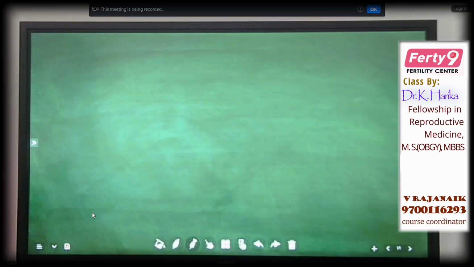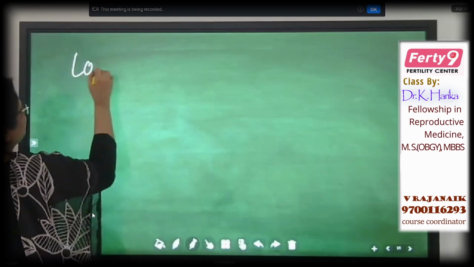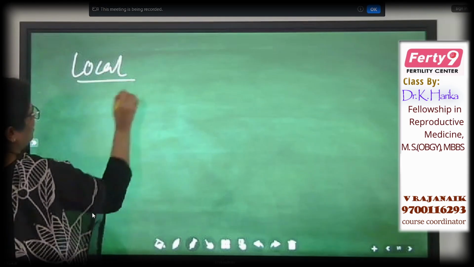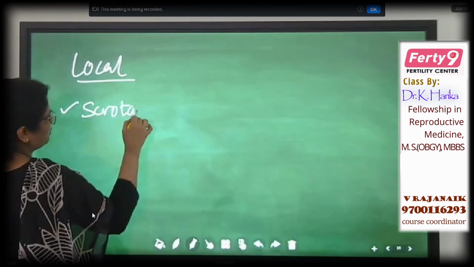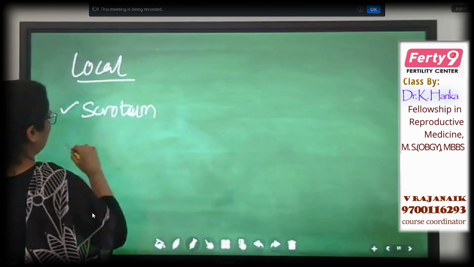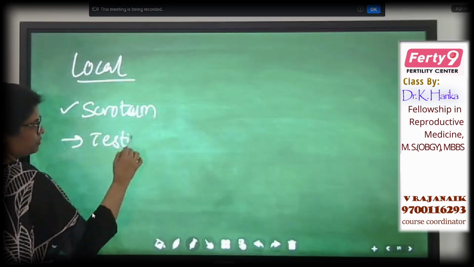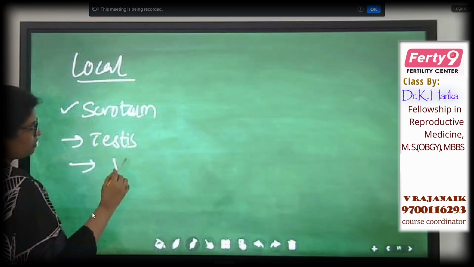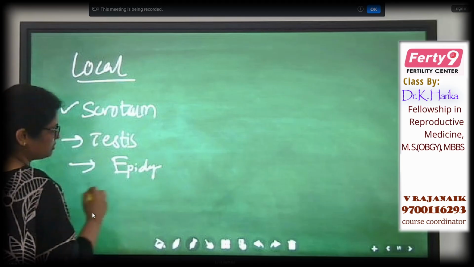Next is local examination. Normally the scrotum. What will you see in the scrotum? Testis first. Next, epididymis.